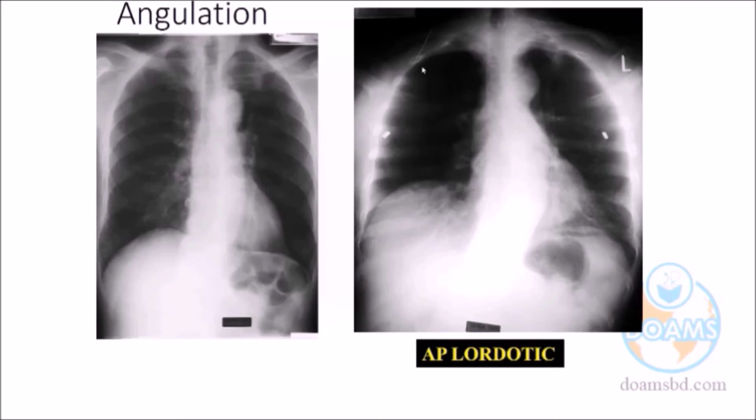Sometimes if an apical shadow is confusing to us, suppose a tuberculosis lesion is there, and we are not confident whether the apical part of the film is normal, at that time we can advise a lordotic view, that means an apical lordotic view. In that case, you see how much bigger areas are visible in the apical area of the lung. So sometimes it is beneficial. But if you don't know the clavicle is here and you think this is a standard chest X-ray, it may give a wrong idea also.